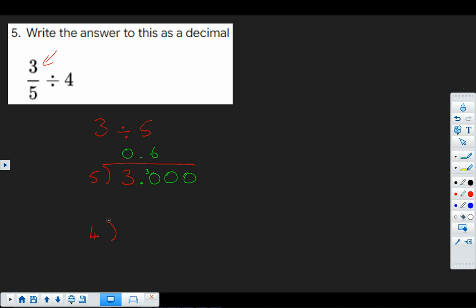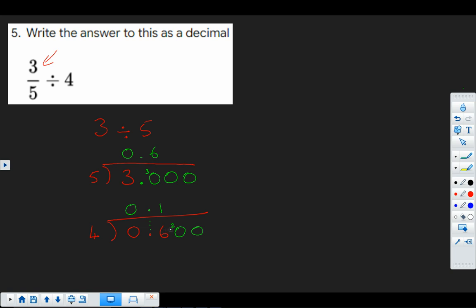Now that was the first step in our process, wasn't it? Because we were then asked to divide that by 4. I'm going to do the same thing, remembering to keep my decimal points lined up, and I'm going to pop in a couple of decimal places. How many 4s go into 0? 0. How many 4s go into 6? Well, 1, with a remainder of 2.